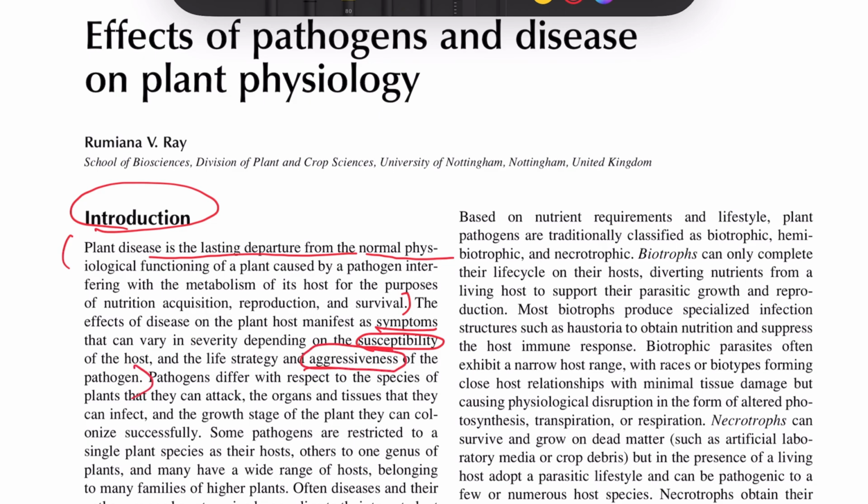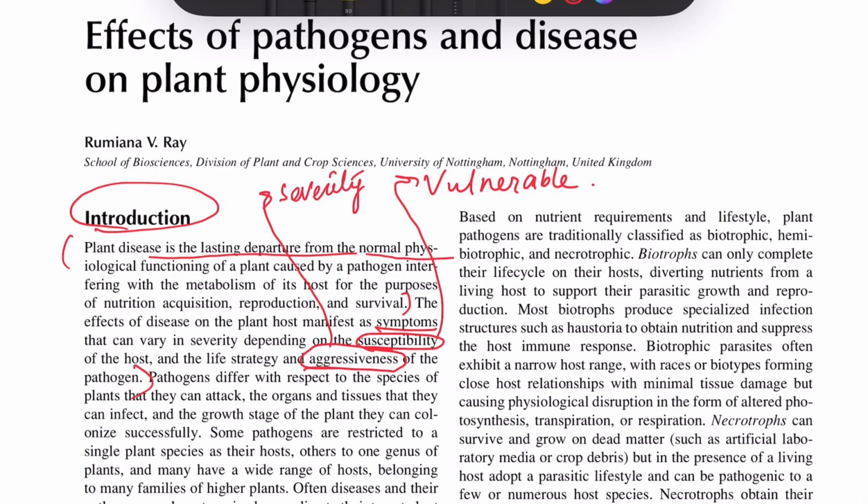Here, susceptibility means, in the normal sense, we can say vulnerable. Okay. Aggressiveness is what? Normally we can say it is a quantitative measure, but we can term it as the severity of a disease.